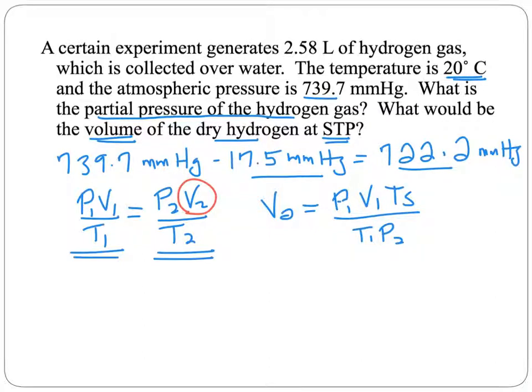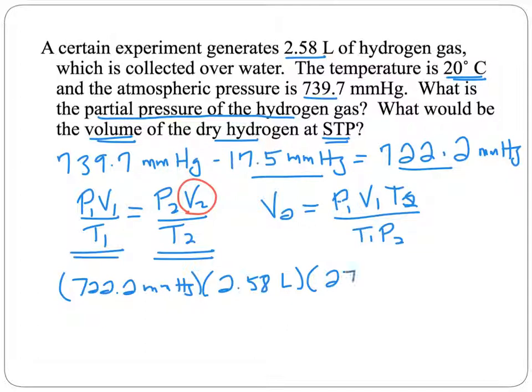So our pressure 1, we figured that out. Our partial pressure is 722.2 millimeters of mercury. Our current volume, the amount of volume of hydrogen that was collected, was 2.58 liters. The new temperature, I see I didn't put a 2, this is supposed to be a 2 here, T2, our new temperature is going to be 273 Kelvin at standard temperature and pressure.